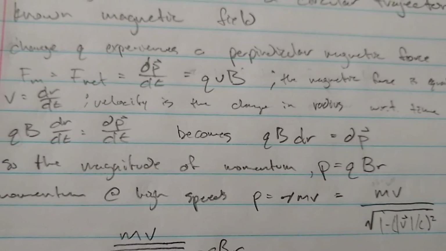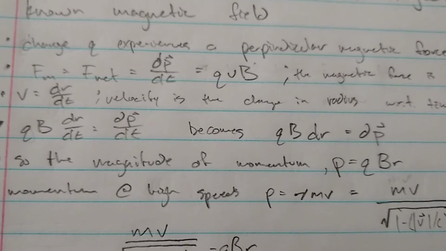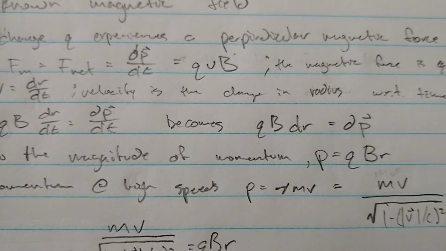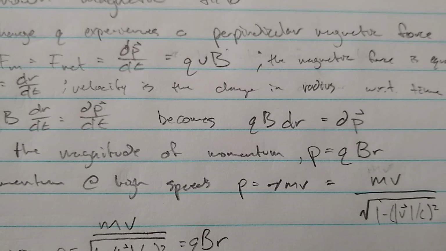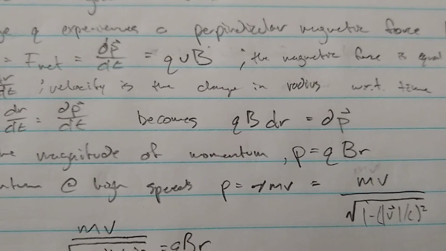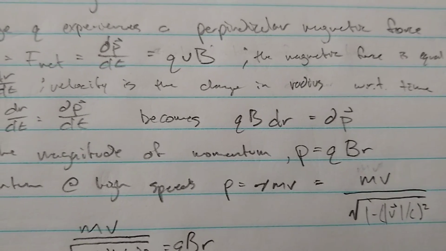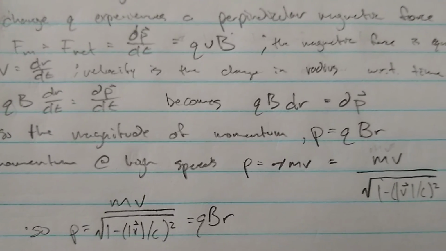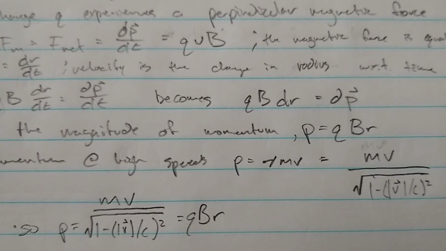And so we can say, after we integrate these functions, that momentum equals the charge, magnetic field, distance, and the equation for momentum at high speeds is right here.